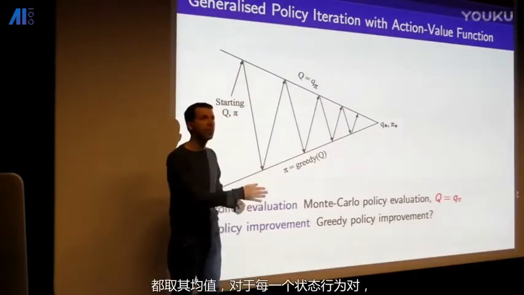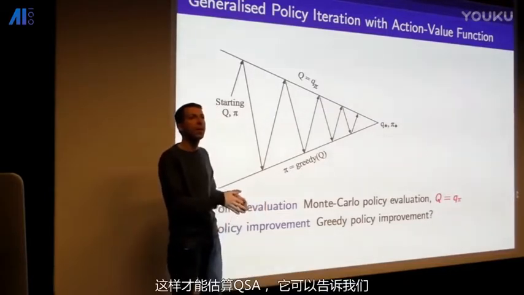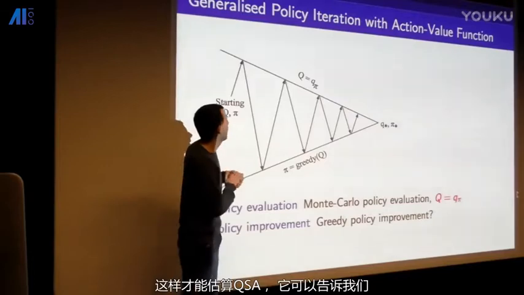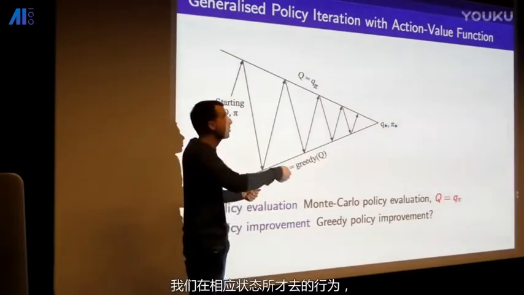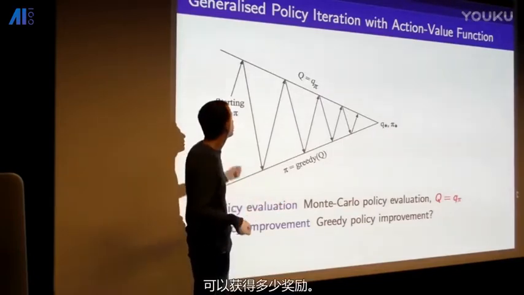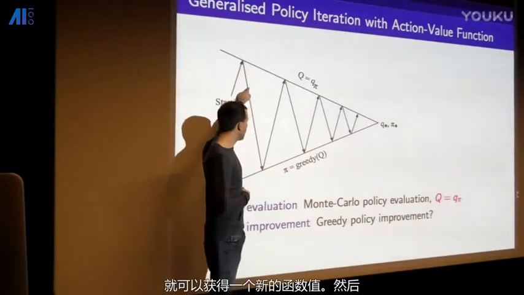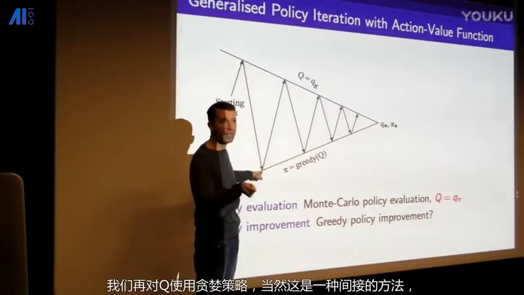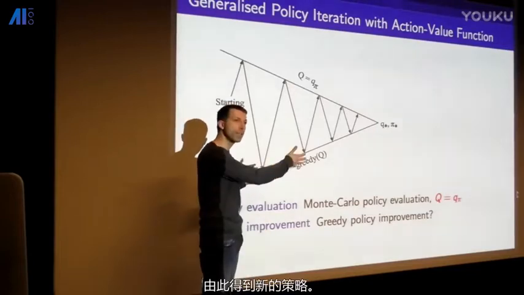We take the mean from each state action pair. We look at the mean return to estimate Q(S, A), and that tells us how good that particular state action pair is. Taking that action from that state, what was the mean return that you got? Do that for all states and actions. That gives us a new value function. We then act greedily with respect to our Q. That's immediate. We just take the argmax over our Q values. That gives us a new policy.